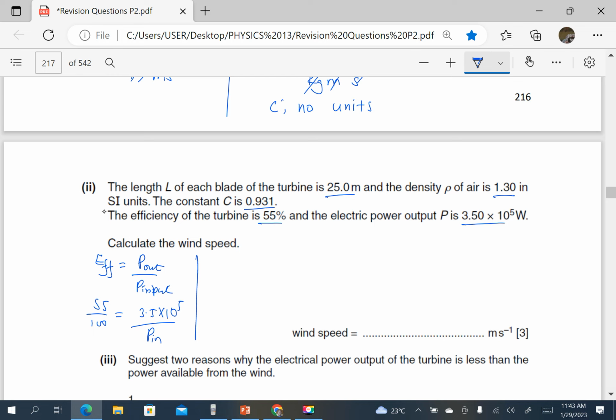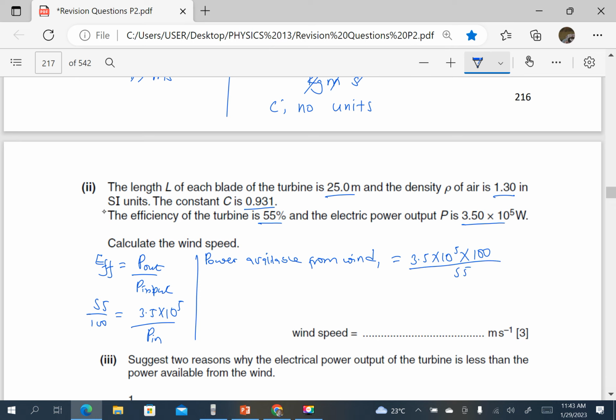So it means the power available from the wind that is converted into the power input, or the total power available from the wind, is going to be the power input. I'm making power in the subject, so it will be 3.5 times 10 power 5, multiply this by 100, divide by 55.